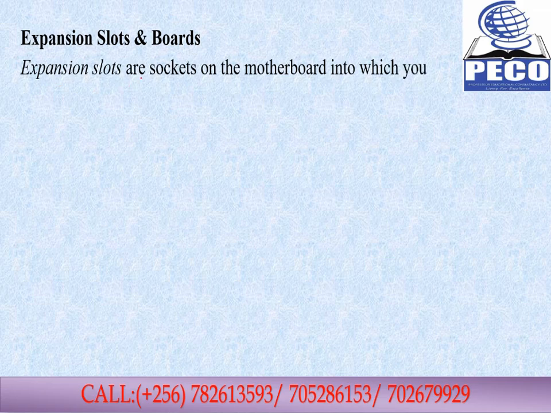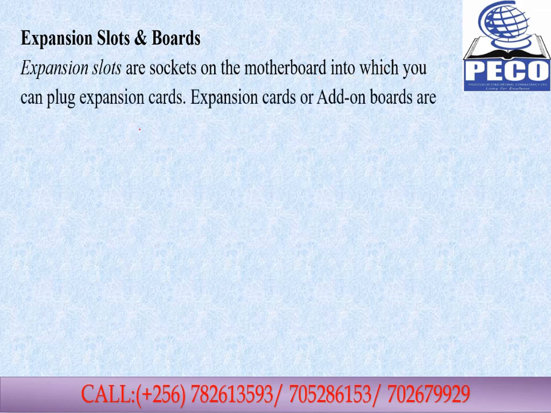Now, expansion slots and boards, we say, are sockets. We are still explaining the actual definition: expansion slots are sockets on the motherboard into which you can plug expansion cards.